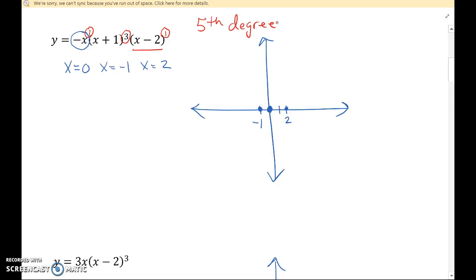Any odd degree polynomial is going to have an end behavior like a cubic. Now, the important thing to note is that in the very front, there's a negative x, and that negative sign tells us that it's going to behave like a negative cubic, meaning it's going to start up and it's going to finish down.